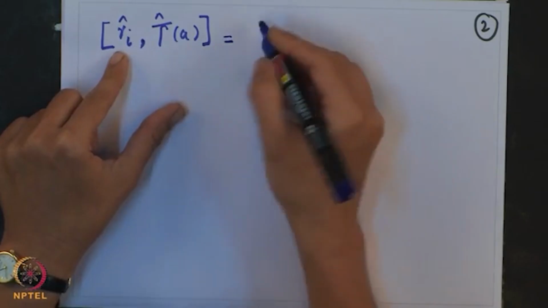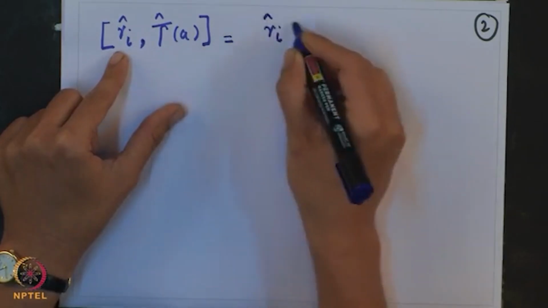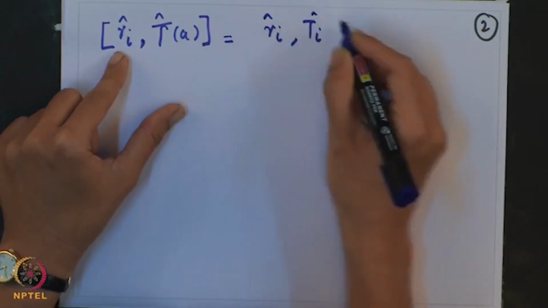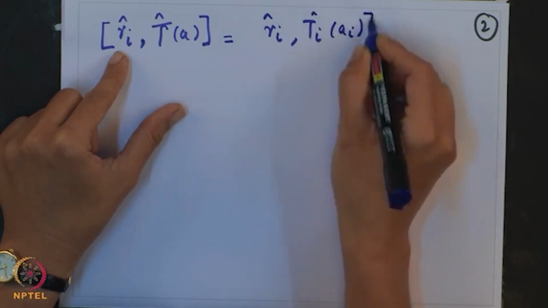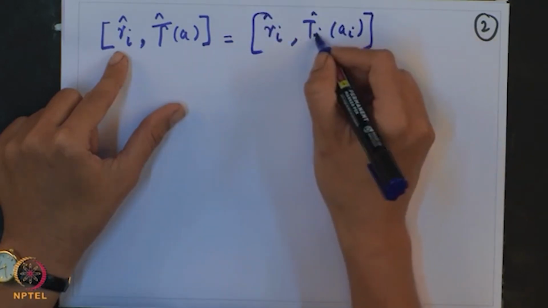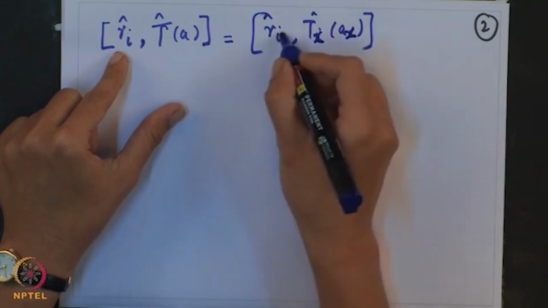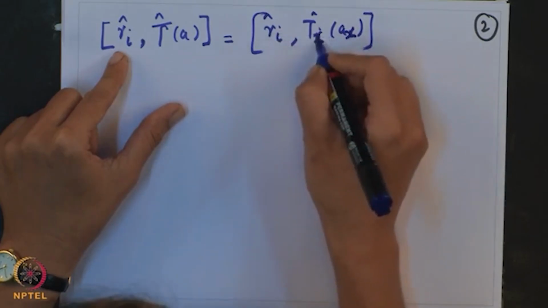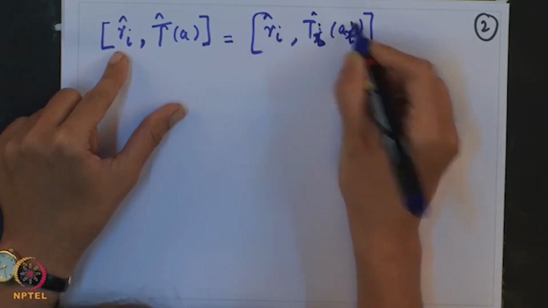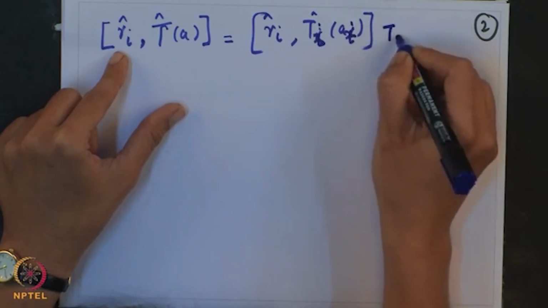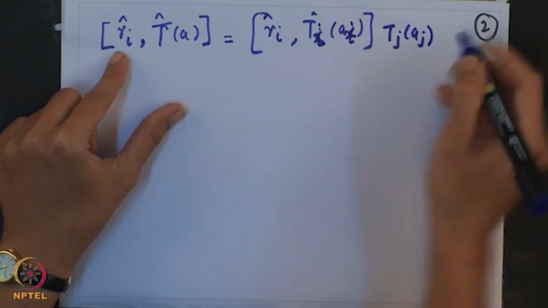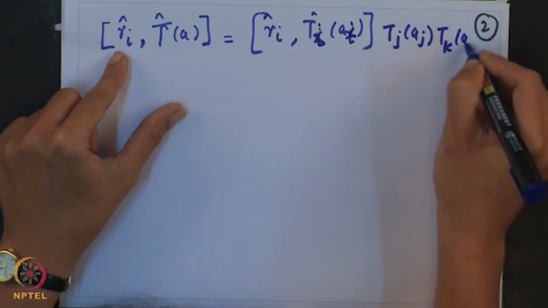So, I will have [Ri, Ti(ai)] times Tj(aj) Tk(ak).